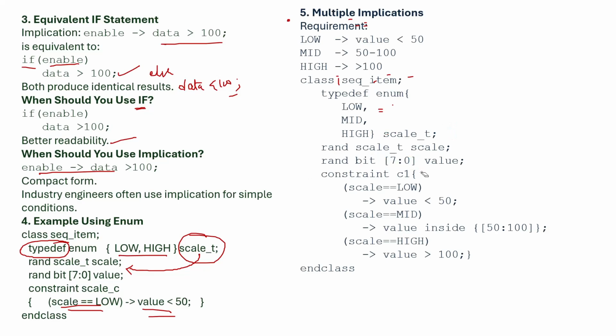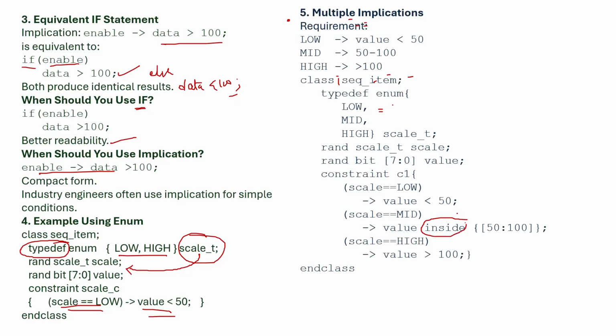Then I'm considering constraint scale equal to low, implication operator, value should be less than 50. And another condition, scale equal to mid, and then value should be in a range, right? 50 to 100. Then I'm using the inside keyword.